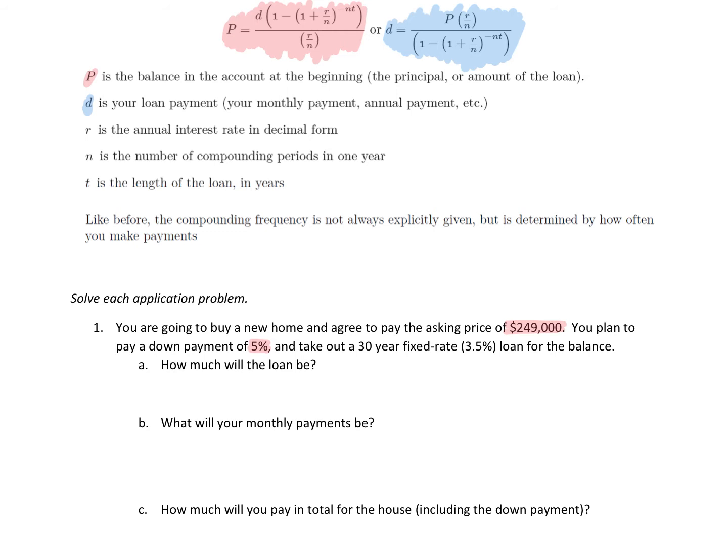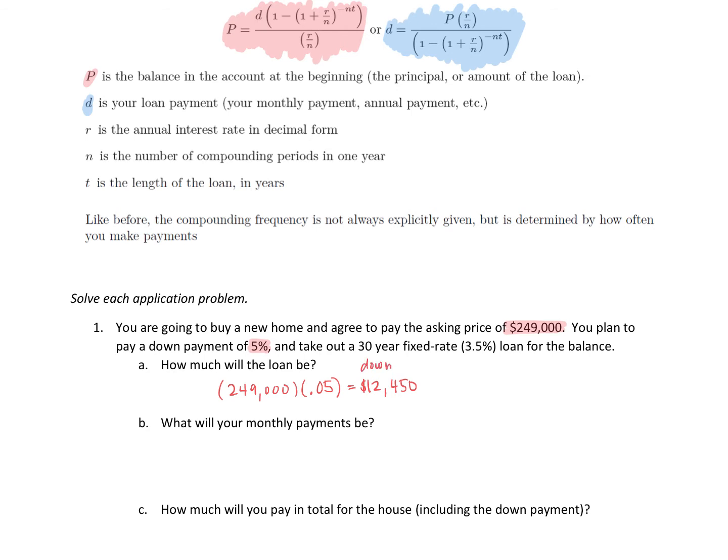To find out how much money I'm going to put down, I'm going to simply multiply the $249,000, which is the asking price of the house, times 5%. 5% as a decimal is 0.05. So 249,000 times 0.05 is equal to $12,450. So that's the amount of the down payment.